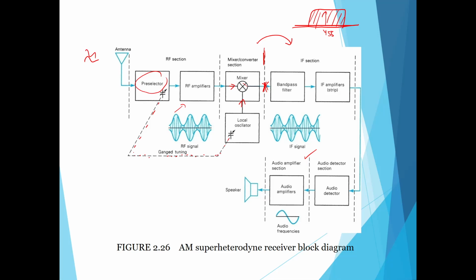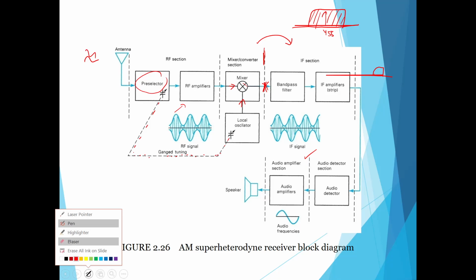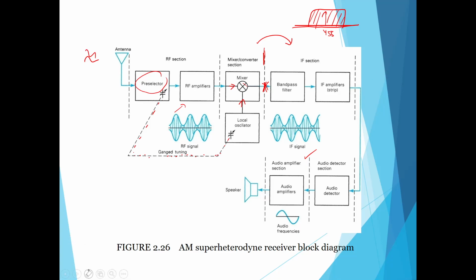So this is where the IF section comes in. The IF section limits the frequency band again so that we only produce a single output frequency, a small bandwidth, a single channel, which is centered at 455 kilohertz.